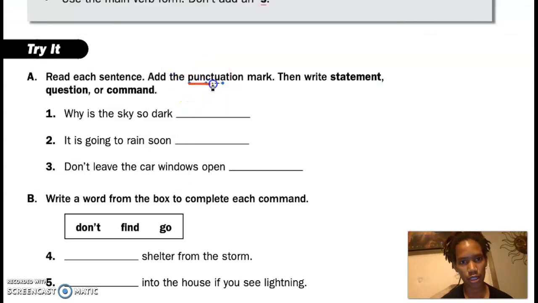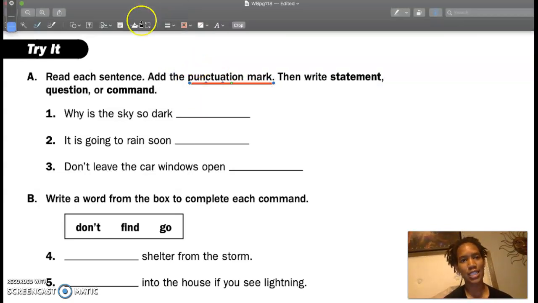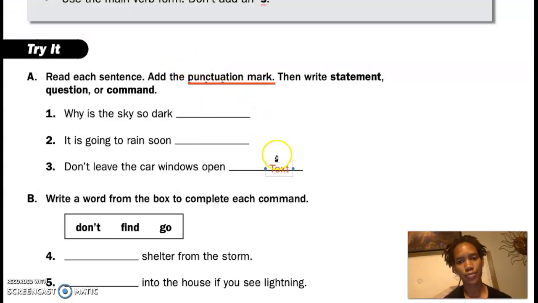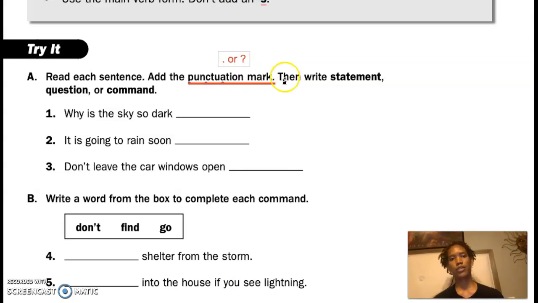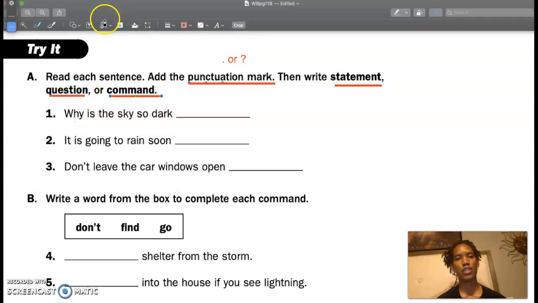Okay, let's do it again. Add the punctuation mark. So that means it's either a period or it's a question mark. Okay? Then you need to write, is it a statement? Is it a question? Or is it a command? So let's do this. Text.